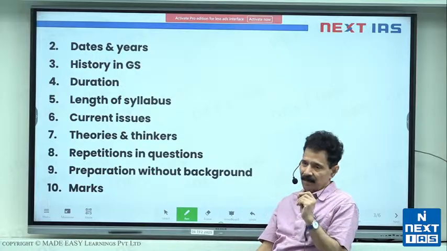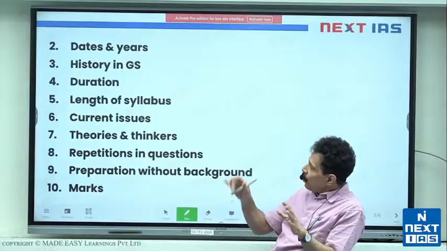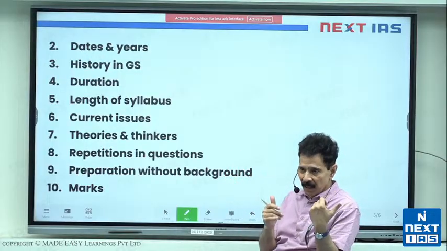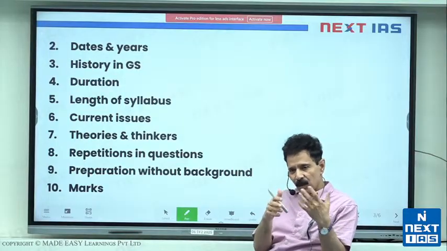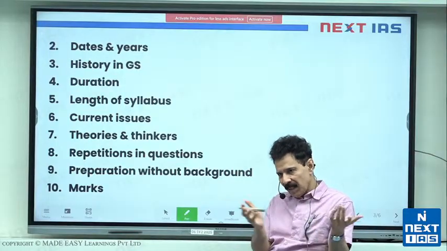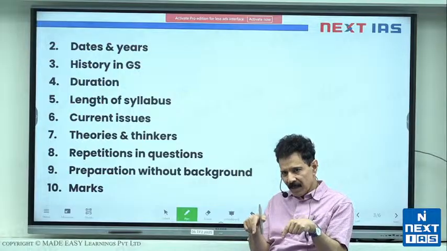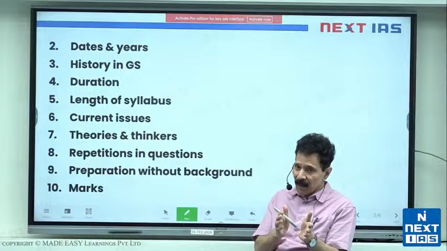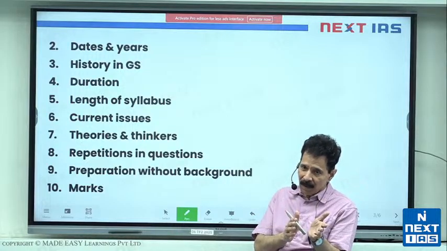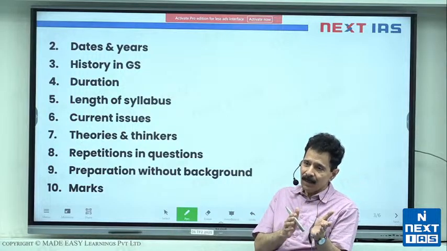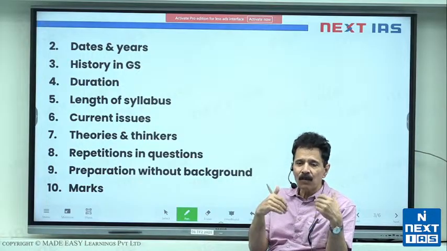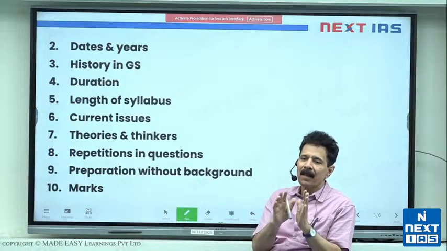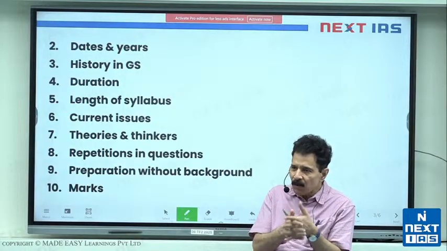Second thing here, all important dates and years you will remember automatically. How? Because you will come across dates and years in the class. You will come across all dates and years when you read books, when you read notes, when you revise. So finally, automatically you remember all the important dates. As you remember the date of independence of India, you can't forget.